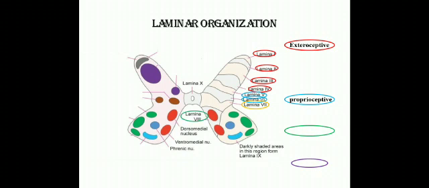Laminae 8 and 9 comprise the ventral horn and contain mainly the motor neurons. The axons of these neurons innervate mainly the skeletal muscle. Lamina 10 surrounds the central canal and contains the neuroglia.